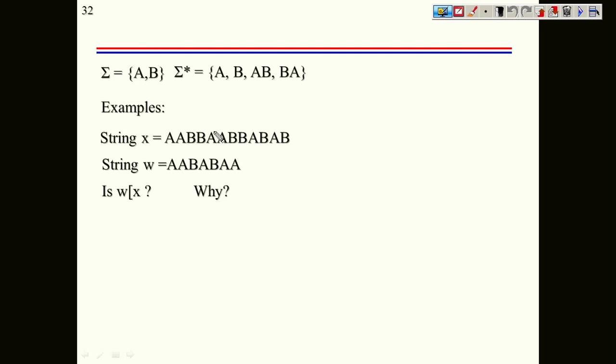So let us see here. This is our set. These are some examples of sigma star where all the elements are derived from AB. This is your X, and now we have to find out whether W is a prefix of X or not. This is only possible when it matches from the very first character, but along with this all the characters must match. This is a match, but this is not a match, and that's why this is not a prefix.